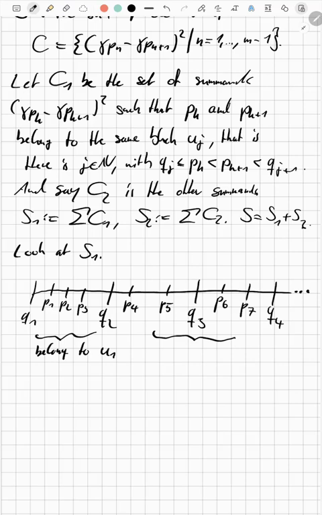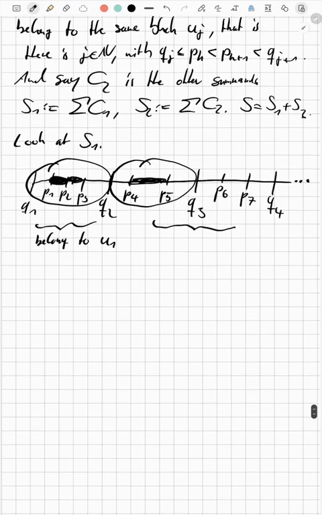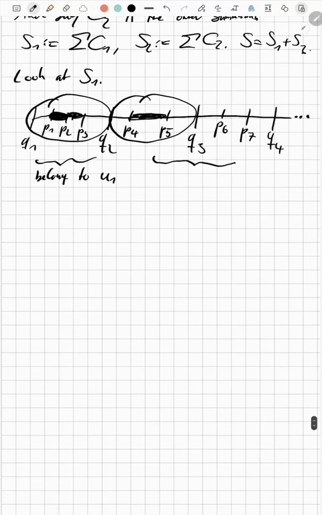And as such, we know we will sum over all these different blocks, but we will only sum the gamma pk's that are these differences. So we will only sum this difference and this difference. We will not sum this difference. However, we will again sum this difference. Okay? This means that we can write S1 in the following way.